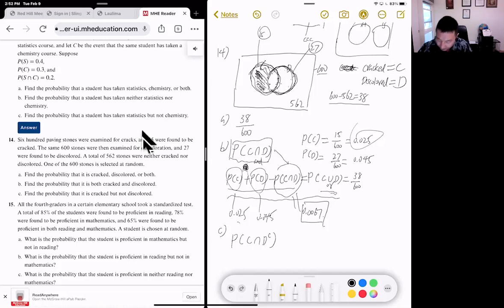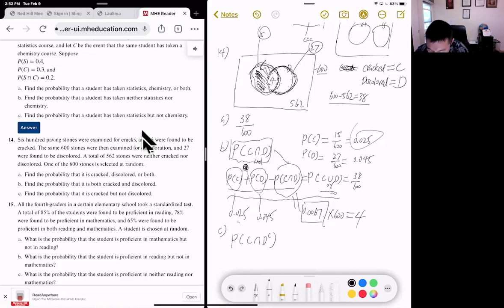So from the previous part, we found out P(C and D) is equal to 0.0067, okay? And if that number times 600, that will be equal to 4. So that tells us the intersection between C and D, we have 4 items here. Then we can easily figure out all the remaining questions.